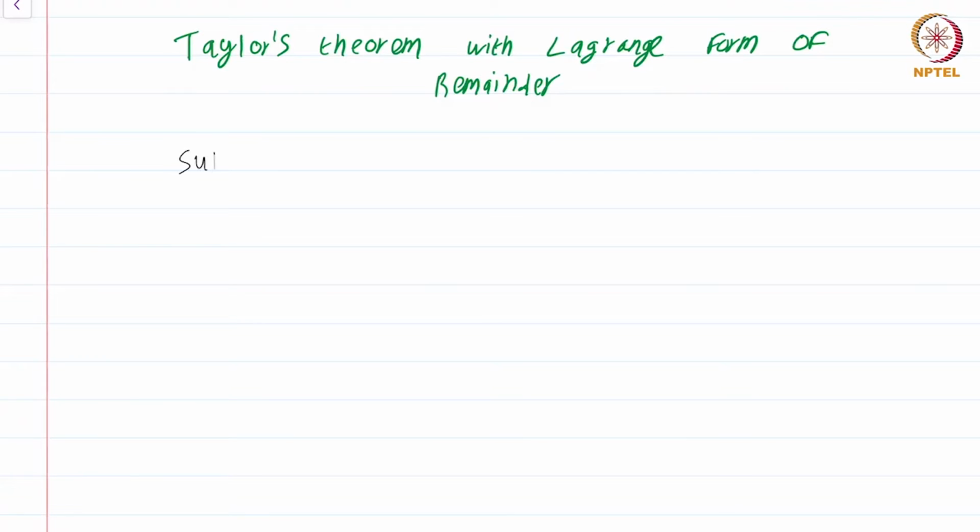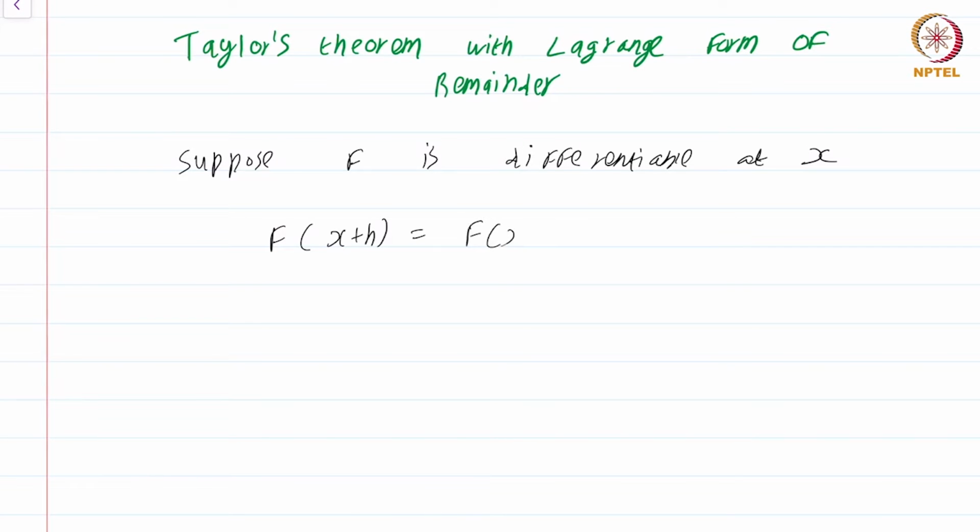Suppose f is differentiable at the point x, then f of x plus h is equal to f of x plus f prime of x at h plus an error term.